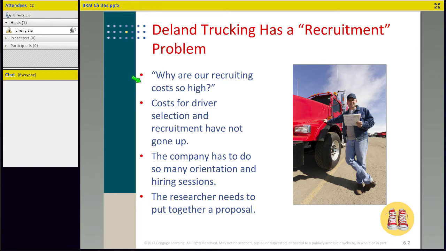So before James starts working on the research, he needs to put together a proposal to lay out the research plan and discuss with the owner of the company, Dylan, before he really invests into the research. Okay, so after all, there needs to be some form of contract between Dylan, the client, and James, the researcher.